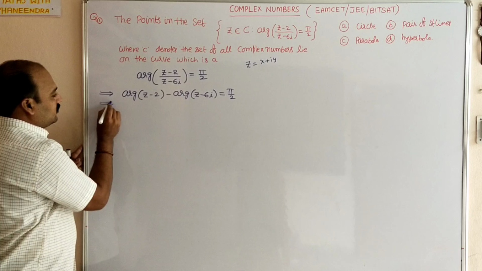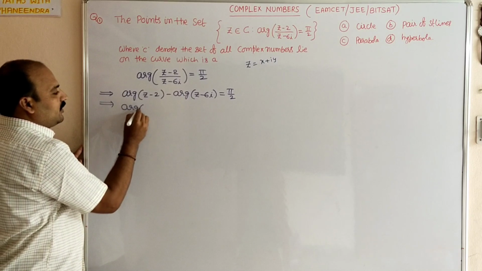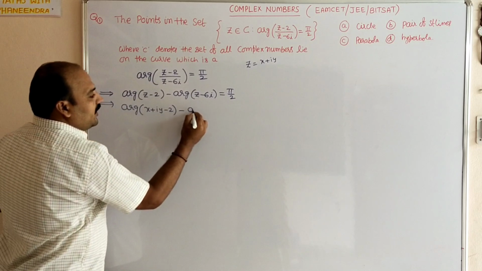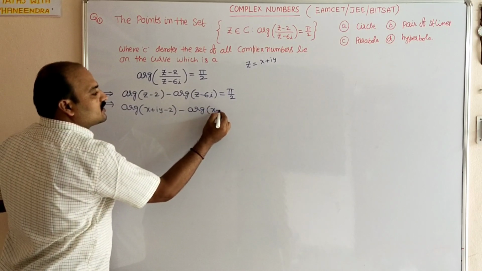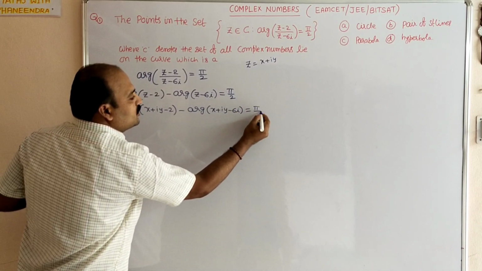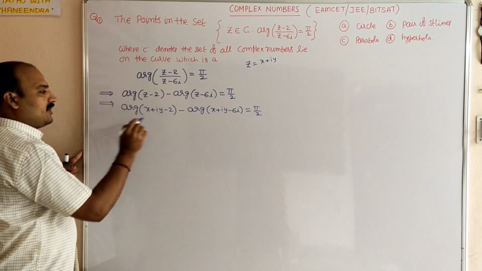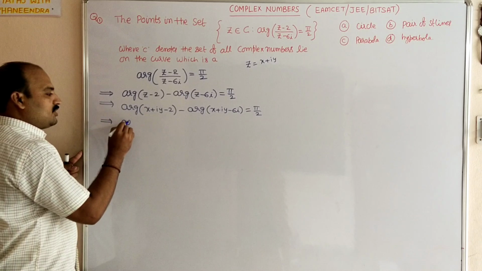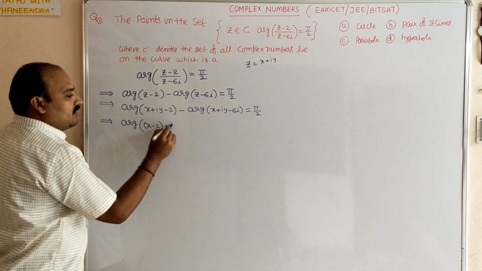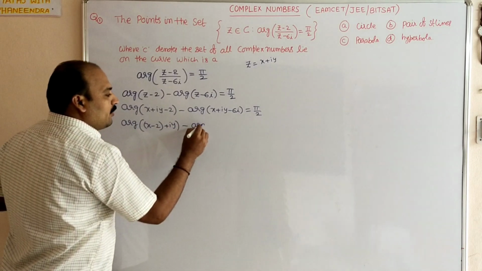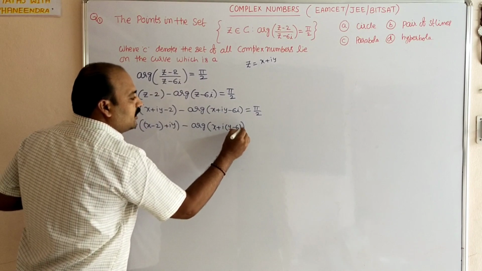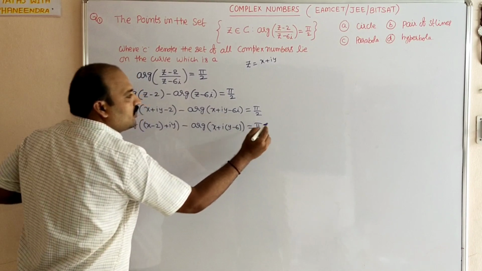So, argument of (x plus iy minus 2) minus argument of (x plus iy minus 6i) is equal to pi by 2. Writing in complex number form: argument of (x minus 2 plus iy) minus argument of (x plus i(y minus 6)) is equal to pi by 2.